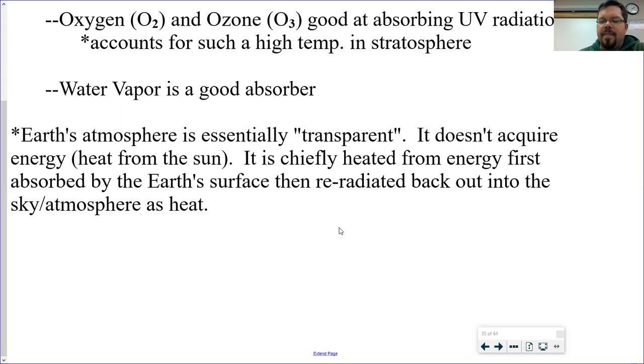That is happening really all over our planet's surface to more or lesser degrees. And how is the air and our lower atmosphere heated? It's heated by that re-emittance of heat off of our planet's surface after the solar radiation light has been absorbed. Right, let's go to the next slide.